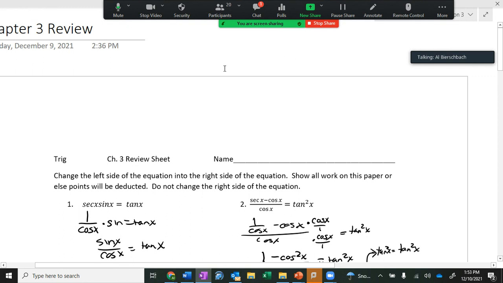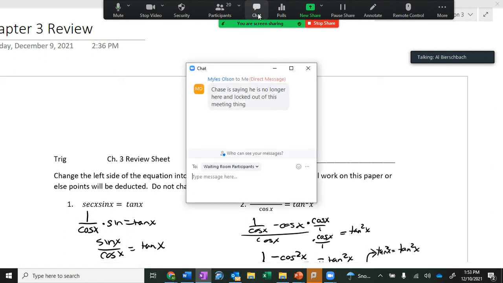So at the start of class Monday, turn in your semester projects. Then we'll take the test. On Wednesday, we'll start reviewing for the semester test. Friday, we'll keep reviewing for the semester test. And then the following Tuesday, take the semester test. Any questions by anybody?